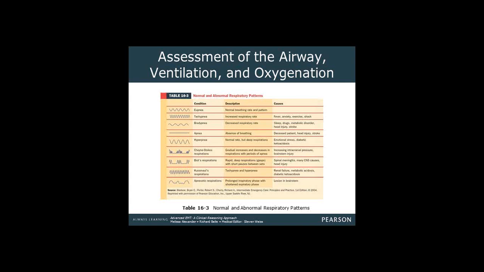Deceased patient, essentially. Hyperpnea is emotional stress as well as diabetic ketoacidosis, although Kussmaul's is much more common in the diabetic ketoacidosis patient. I talked about Cheyne-Stokes and Biot's being central nervous system issues, and then apneustic is also a lesion in the brainstem near the area, an injury basically, maybe from a medical issue, but an injury in the brainstem kind of knocks out the regulatory pattern of the respiratory center.